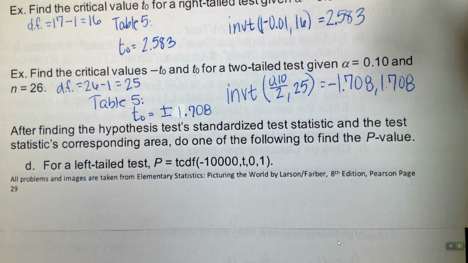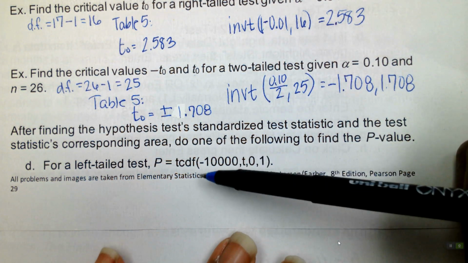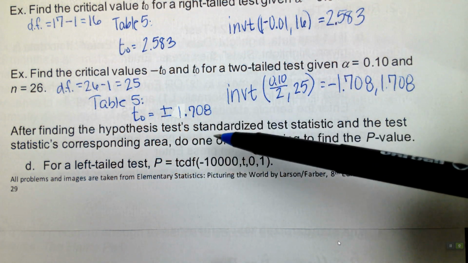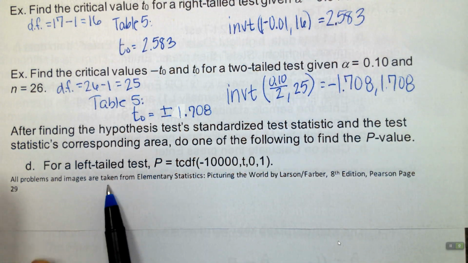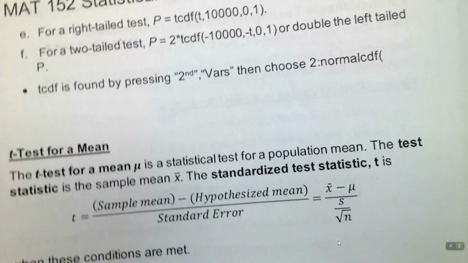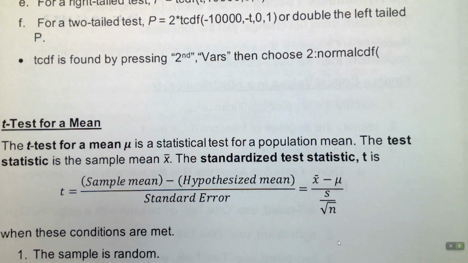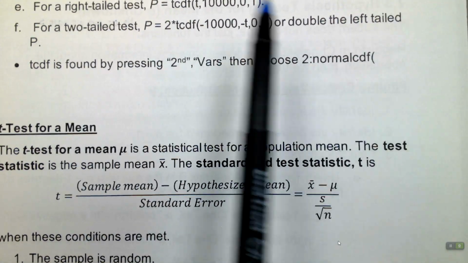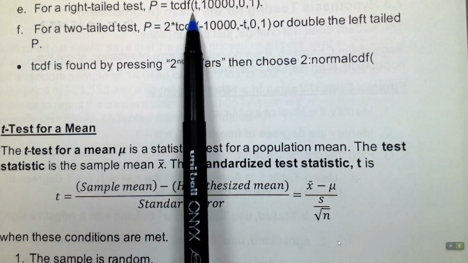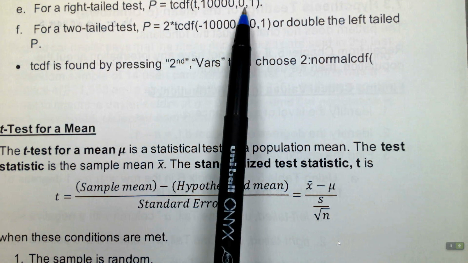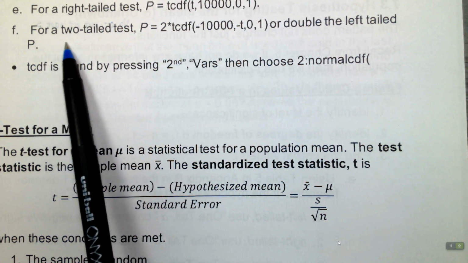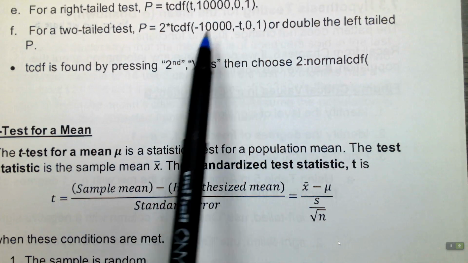Normal CDF is for Z's, and TCDF is for your T's. I have the directions here. Left tail was the previous one. Right tail means you're going to start with your T to 10,000. And for two tail, you do 2 times the left or 2 times the right.